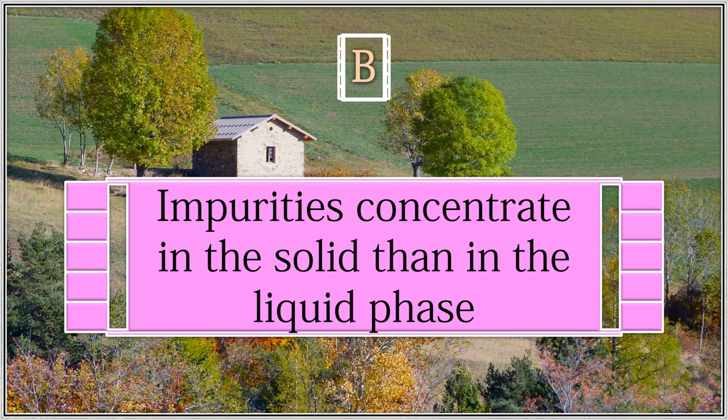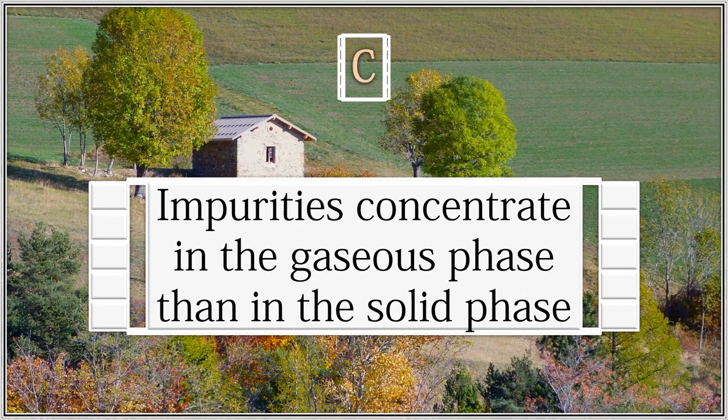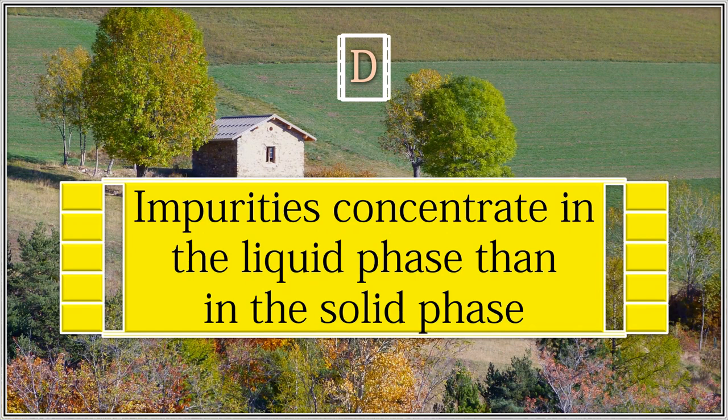Impurities concentrate in the solid than in the liquid phase. Impurities concentrate in the gaseous phase than in the solid phase. Impurities concentrate in the liquid phase than in the solid phase.